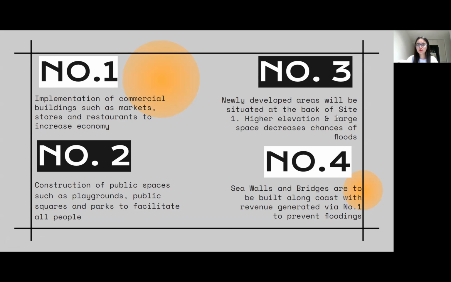And number 3 is newly developed areas that will be situated at the back of Site 1. Higher elevation and large spaces can decrease chances of floods. Number 4 is seawalls and bridges to be built along the coast, with revenue generated from the Number 1 blocks, to prevent flooding.